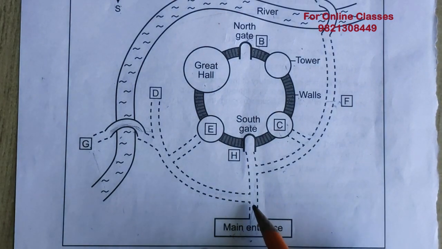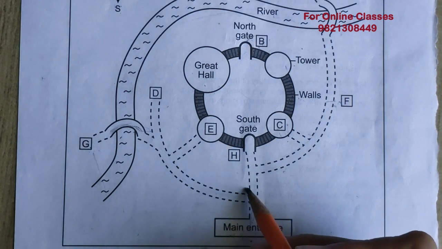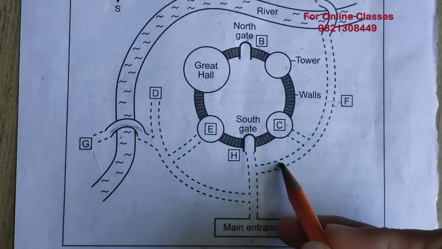Now when the speaker says just take first left, after starting from the main entrance, take first left is this only. Or if he says take right, or take first right, then you have to ignore this, you have to take this right.